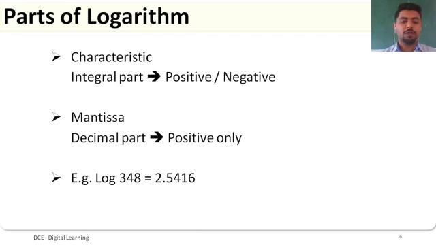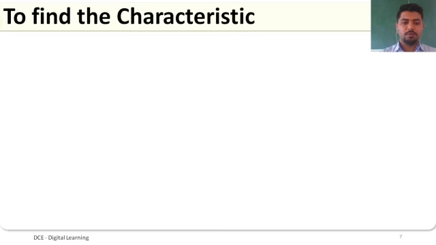For example, log of 348 to the base 10 equals 2.5416. Here the base 10 is not written. Here in the log value of 2.5416, 2 is the characteristic value. This is the integral part. Whereas 0.5416 is the decimal part of a log value and this is called mantissa.